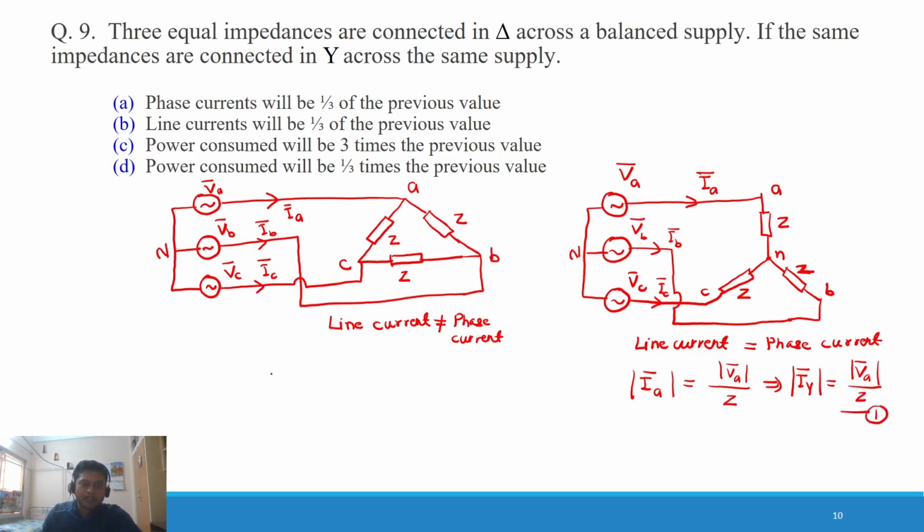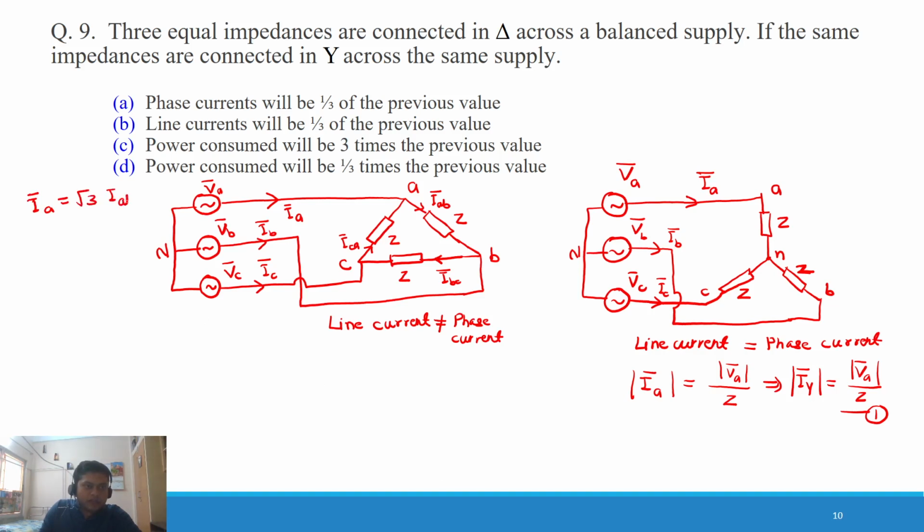Now for the delta connected load, what will be the line current? Take the phase currents as IAB, IBC, and ICA. IA will be root 3 times the phase current.